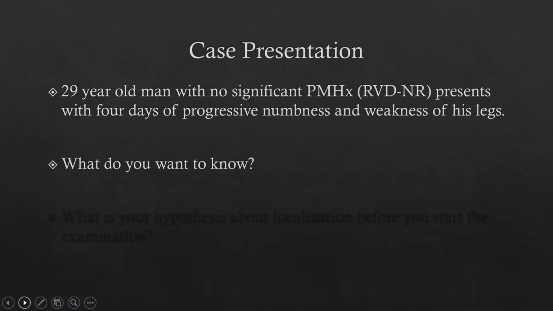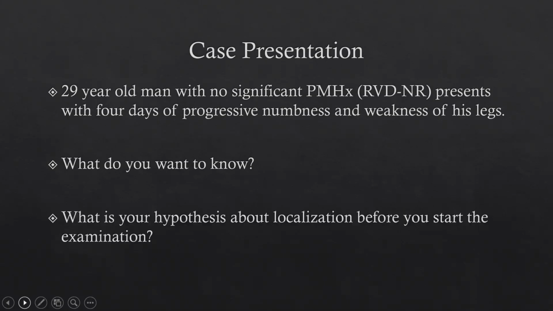You have to ask about onset and the evolution of the weakness. Did it start distal and then progressively evolve upwards? All these questions are tailored towards giving you an indication of the hypothesis with regards to localization of his problem.